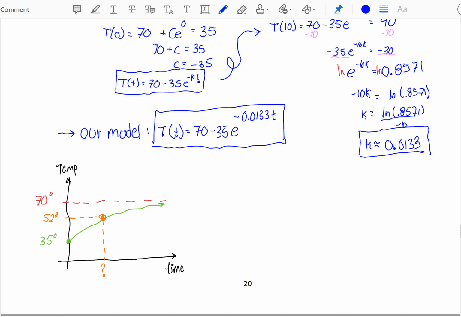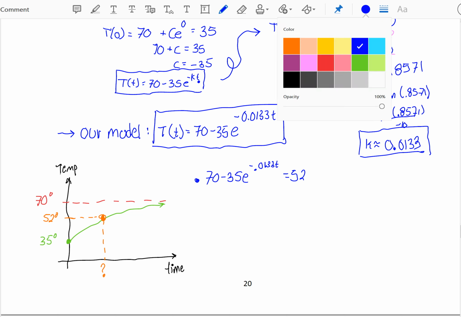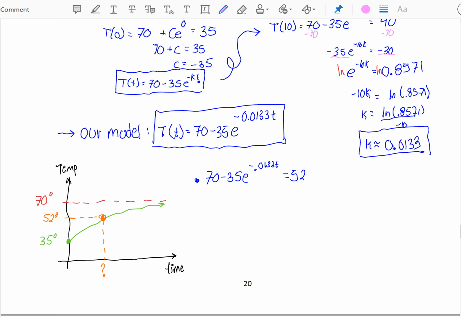So it would be 70 minus 35 e to the negative 0.0133t, and we want to know when is it going to equal 52. Now I'm going to do 2 algebraic steps here at the same time to save myself some room since I'm running out of room here. I'm going to subtract 70 from both sides and then divide by this negative 35.